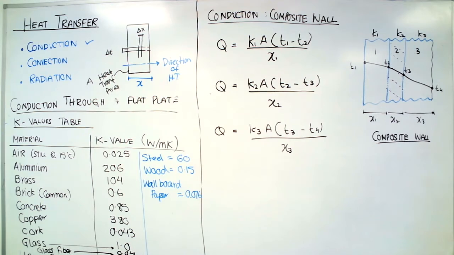So what we're going to do is make T1 minus T2 the subject in the first one, T2 minus T3 the subject in the second one, and T3 minus T4 the subject in the other one. So let's have a look.